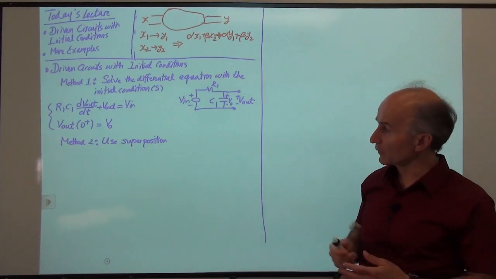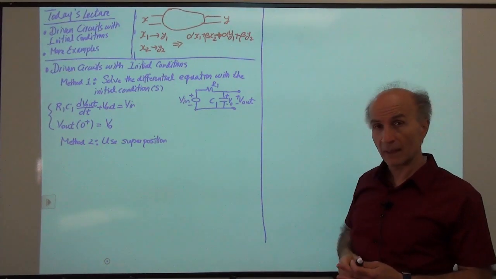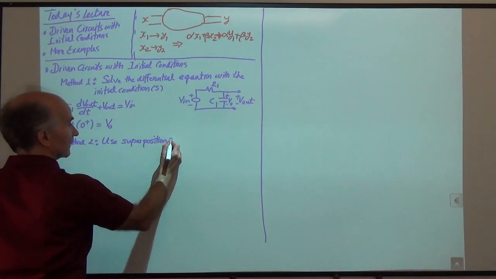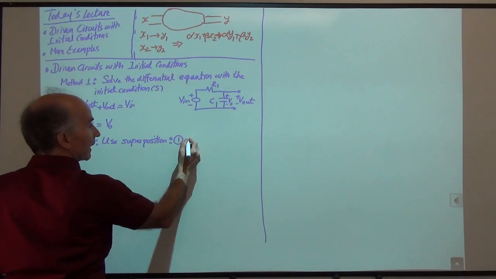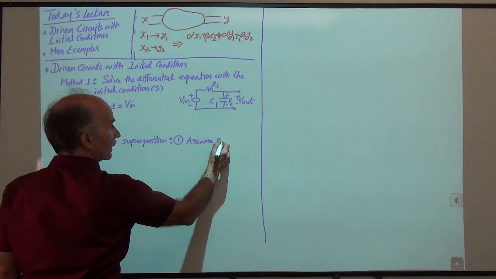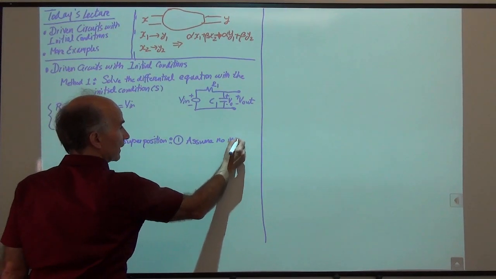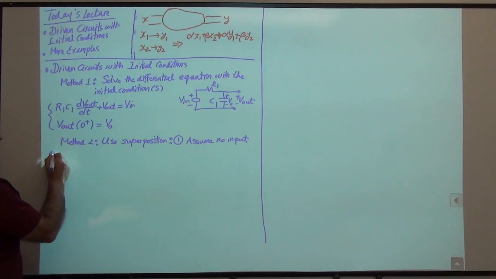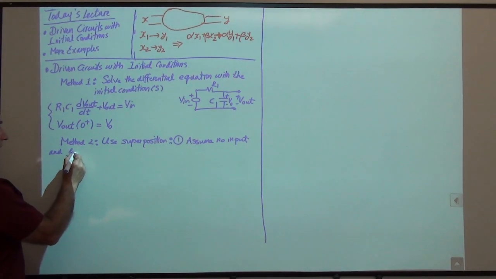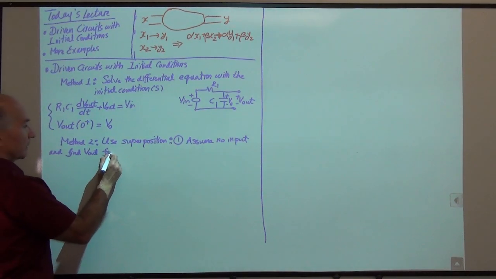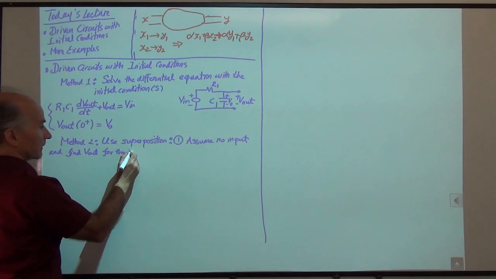Okay, so now we apply superposition to this case. First, assume no input. So set the input to 0 and find V out for the initial condition.